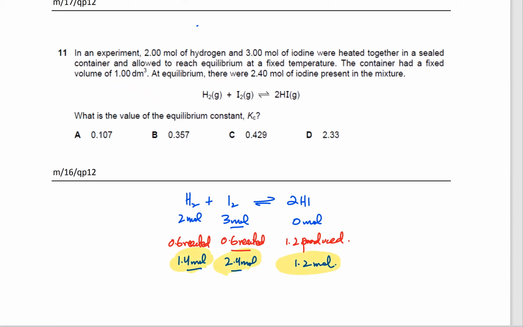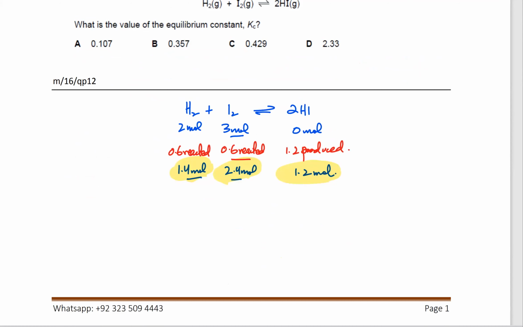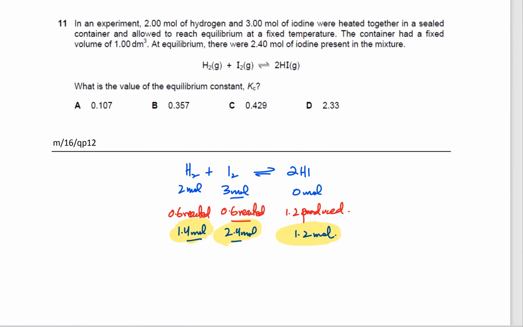So those are your moles, and now what you're going to do is write Kc. In Kc you use concentration.